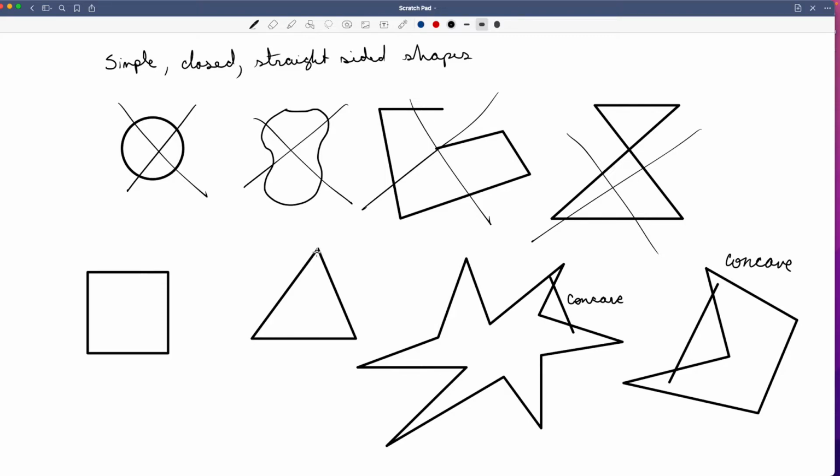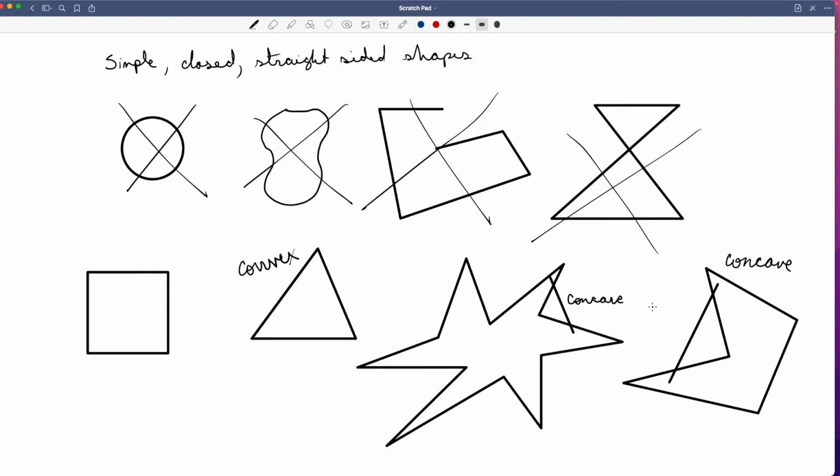This one, however, this triangle, no matter what you do, you go from corner to corner even, you're still on the inside of the shape. So this is what we call a convex shape. A convex shape is where you can't cross the external border of the shape by drawing from inside to inside at any point. Right? So that's the two differences between polygons.